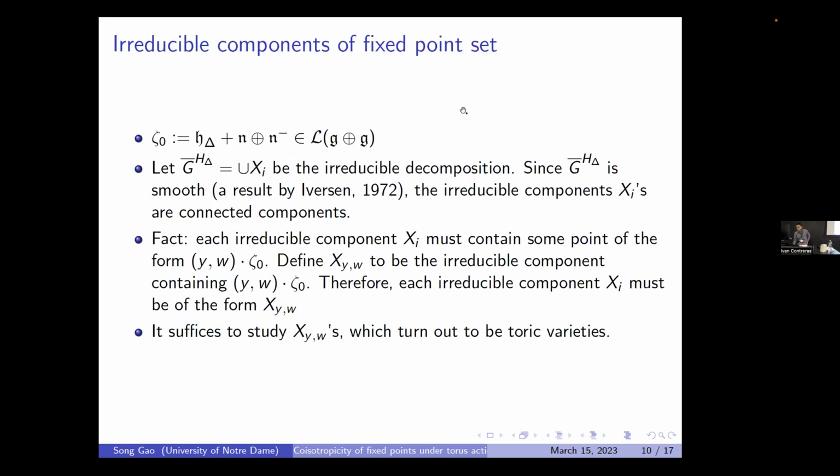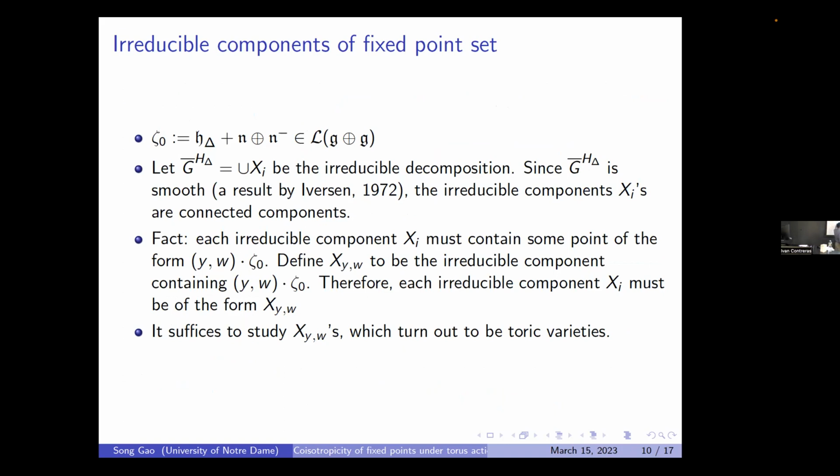Here are some more notations. Let zeta naught be the Lagrangian subalgebra H diagonal plus n minus. To study a variety, one wants to decompose it into irreducible components. So let the union of X_i be the irreducible decomposition.